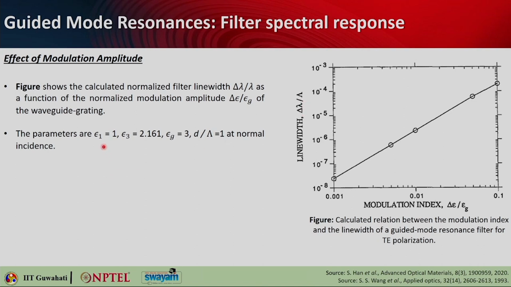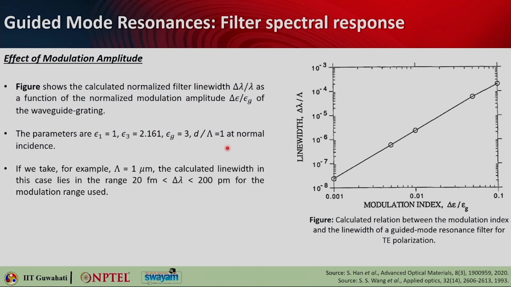With these parameters, for an asymmetric case, if you consider the grating period to be 1 micrometer, the line width that you calculate falls in the range of 20 femtometer to 200 picometer. So, that is basically the range.